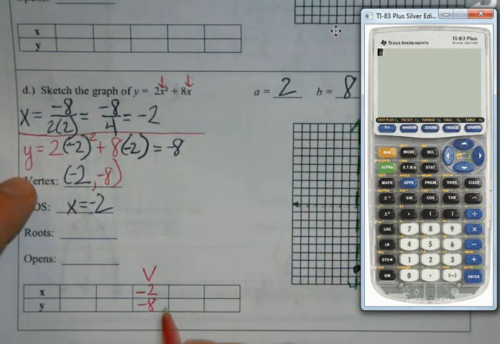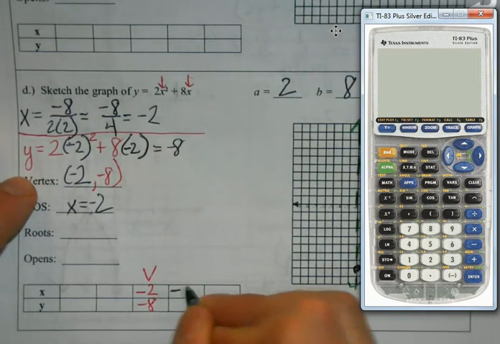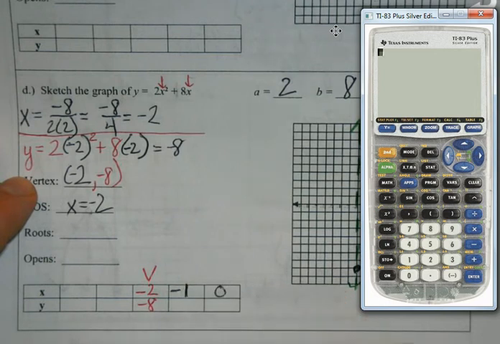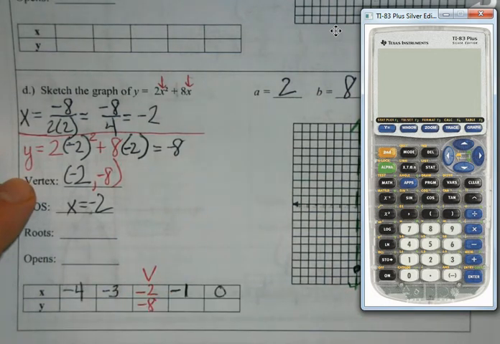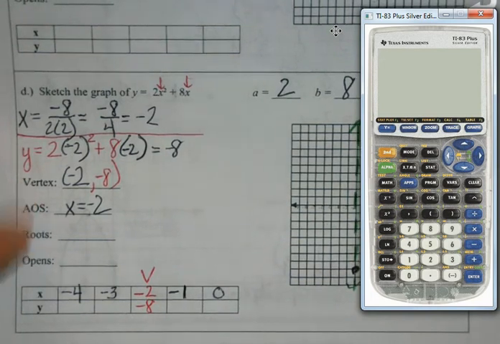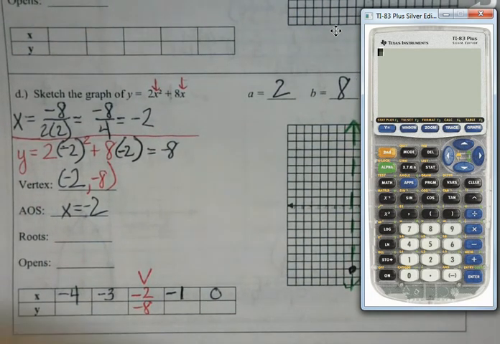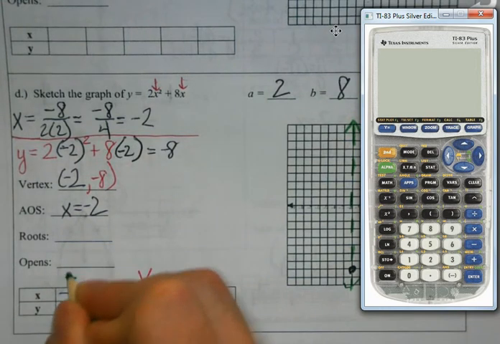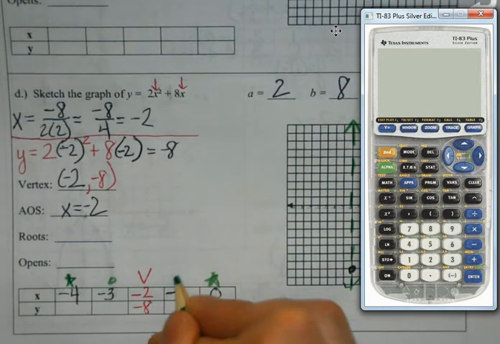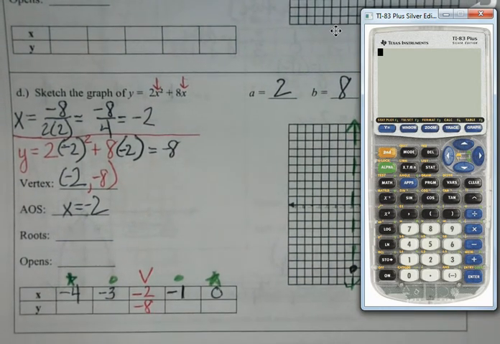And again, for my chart, you add 1 each value to the right, and you subtract 1 as you go each to the left. So you notice my chart kind of changes. But again, the cool thing is, the ones that are each 2 apart are going to be the same, and the ones that are each 1 from my vertex are going to be the same.